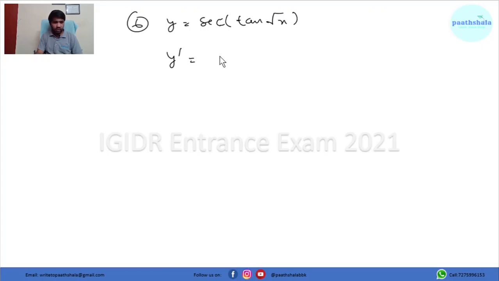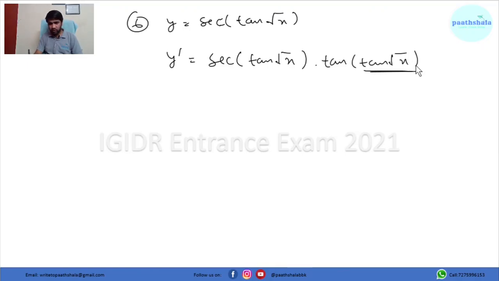Differentiation of sec x is sec x tan x, so this is sec x tan x with x replaced by tan root x, so tan of tan root x. Then we will differentiate this function, that is tan root x. Differentiation of tan x is what? Sec squared of root x. Okay, and again the function is root x, so we'll have to differentiate.